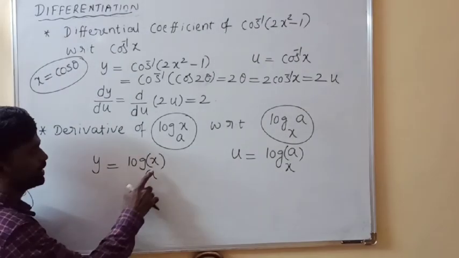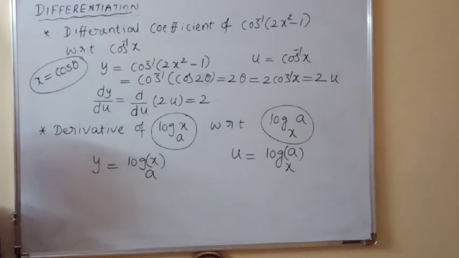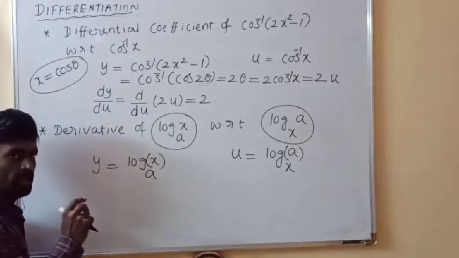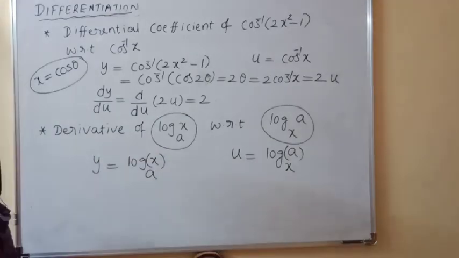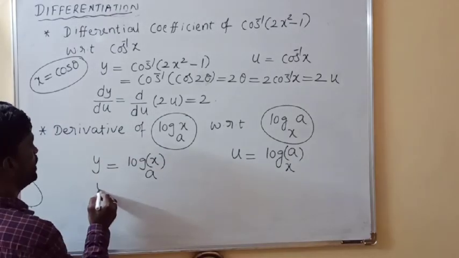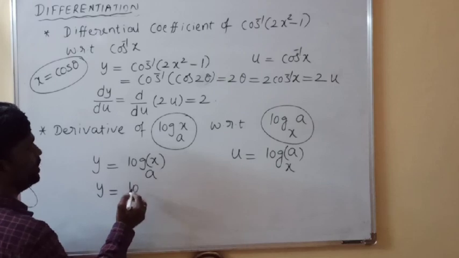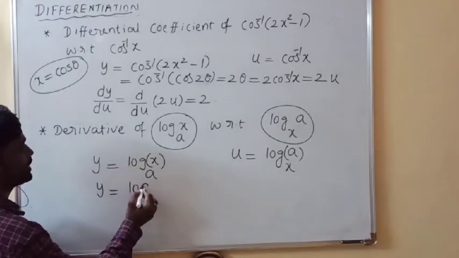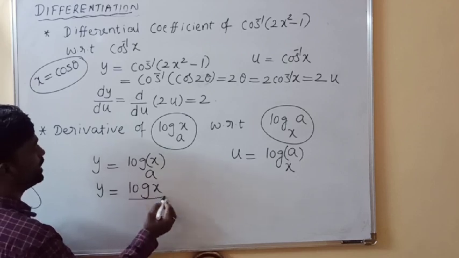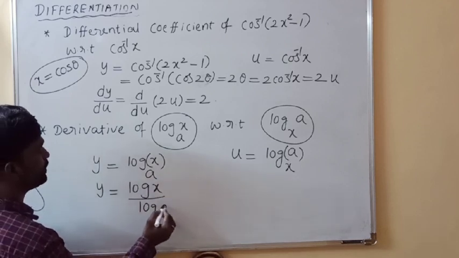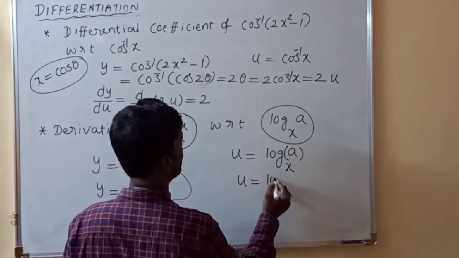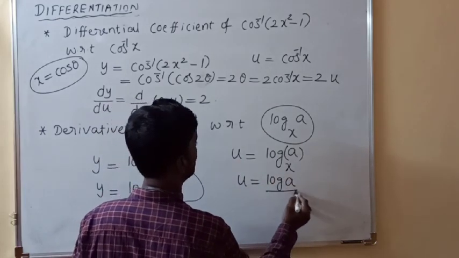But here we have log x to the base a. So you have to convert the base a in terms of e. How? By using the logarithmic formula, log a to the base b is equal to log a by log b. So log x to the base a can be written as log x by log a. Similarly, u can be written as log a by log x.